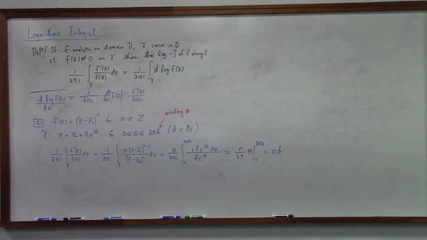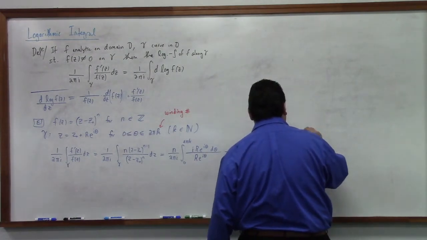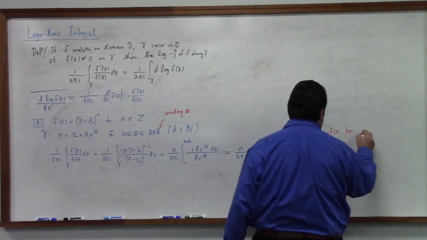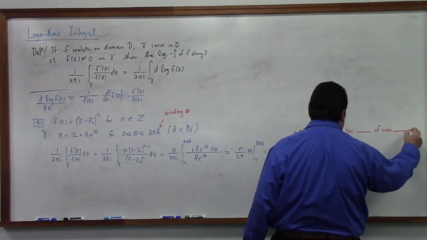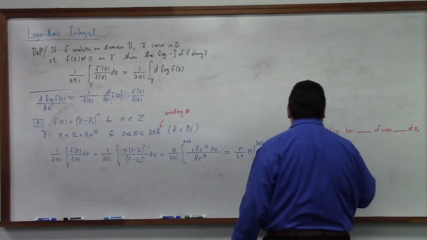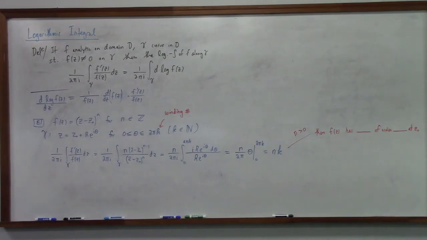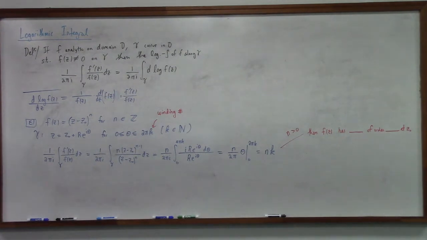But what would the difference be if n is positive? If n is greater than 0, then f of z has a zero of order n at z naught. If n is positive, it's just a zero.